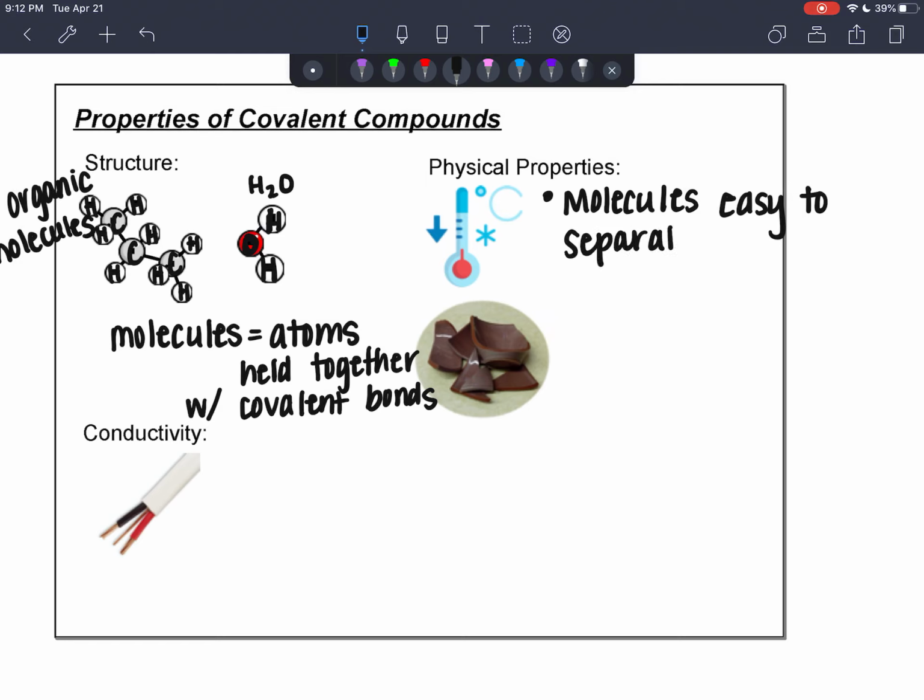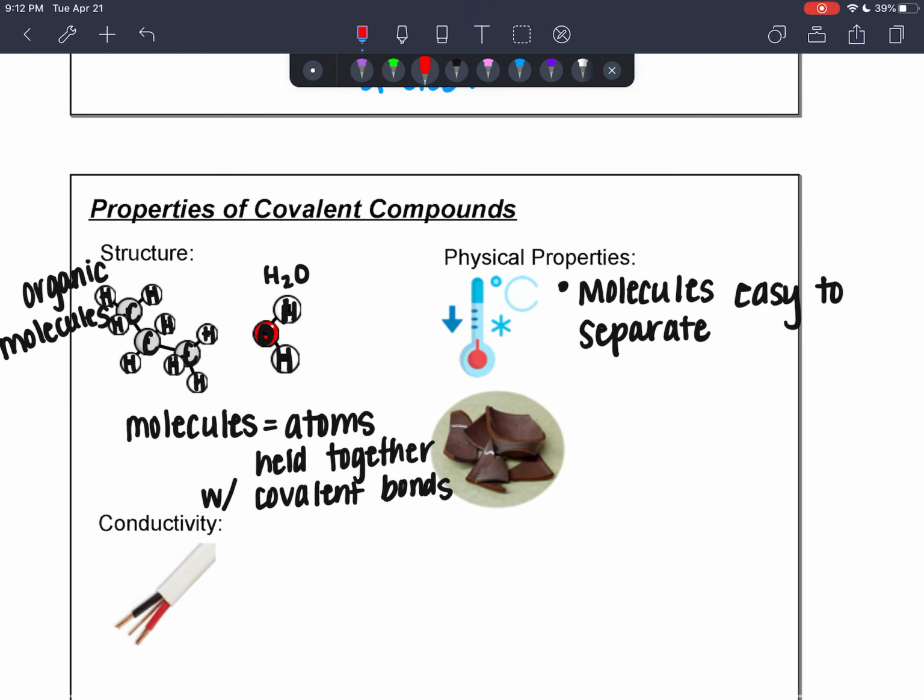There are some connections, but they're very, very weak. So let me show you what I mean by molecules are easy to separate. If I were to draw a water molecule, let's say this guy and this guy, boom, there's a water molecule. And let's say I were to draw another water molecule somewhat close to it, where it looked like this was maybe the solid phase.